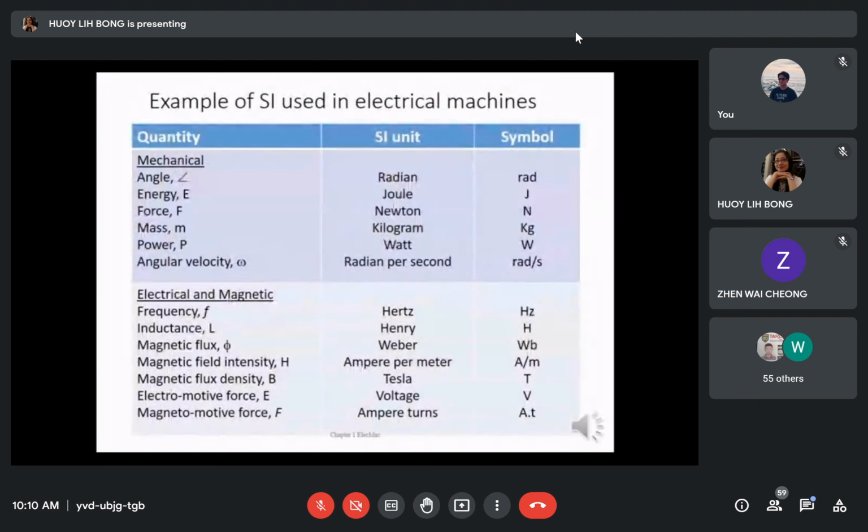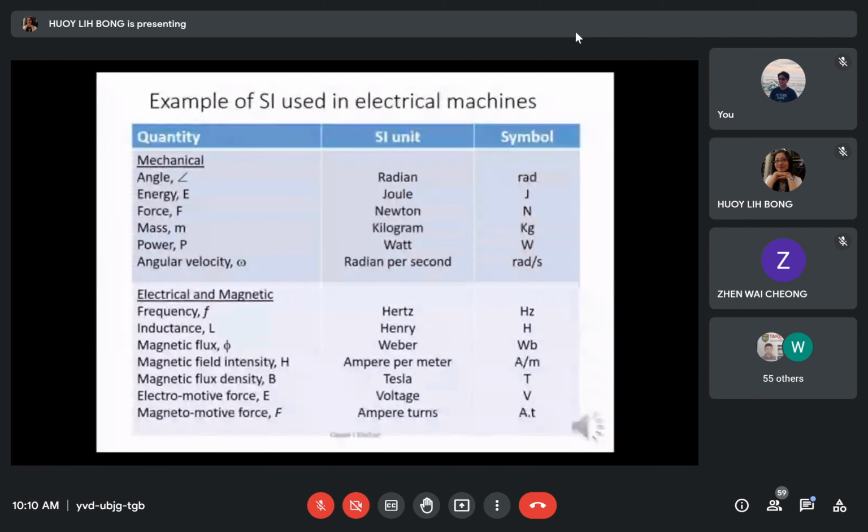For mechanical quantities, we have angle in radian, energy in joule, force in Newton, mass in kilogram, power in watt, and angular velocity in radian per second.